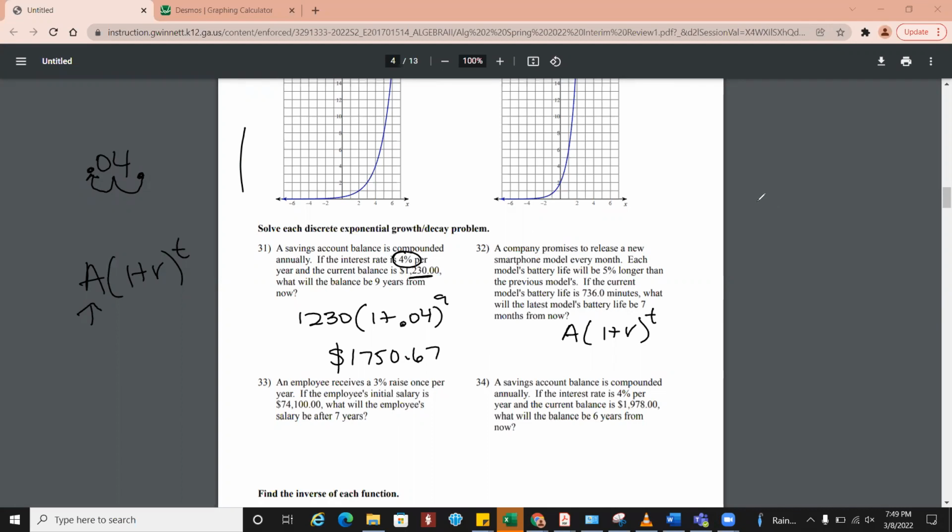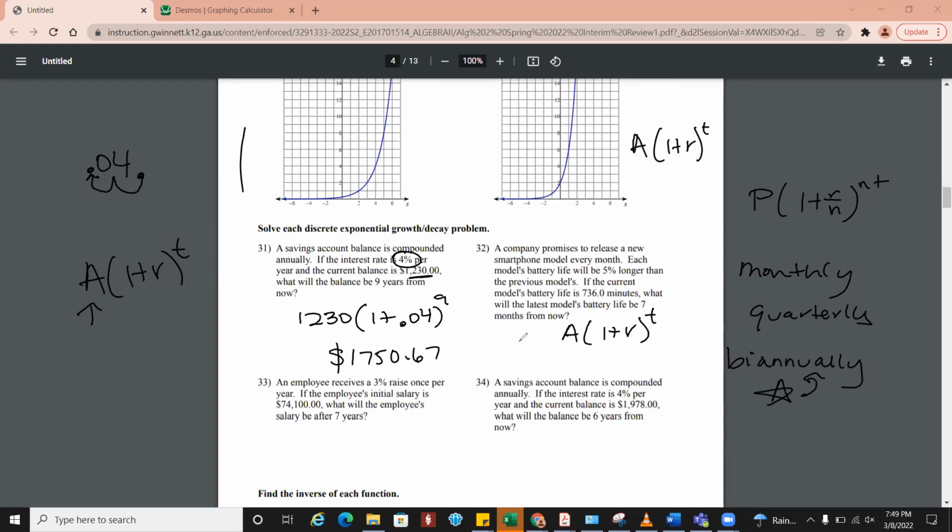Normally for this equation, you're going to have adverbs like monthly, quarterly, biannually, that kind of thing. Those will be trigger words. For right now, you're really just going to see this most often.